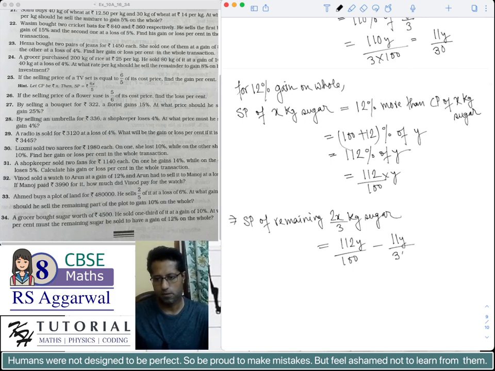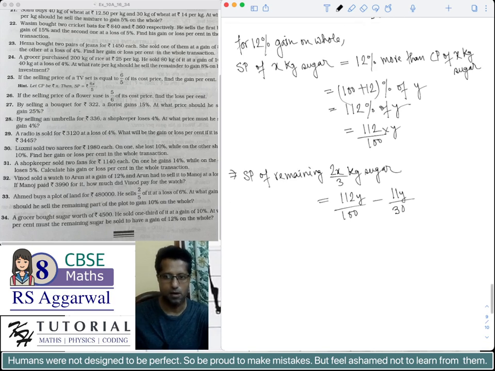This should be the selling price of the remaining 2x by 3 kg sugar, whose gain percentage we have to find.